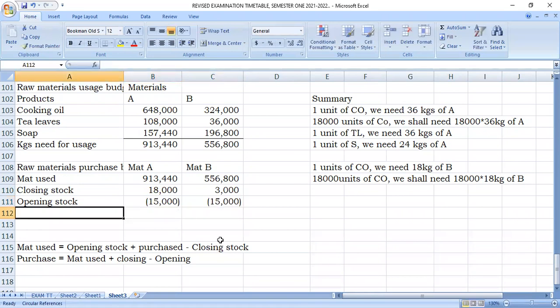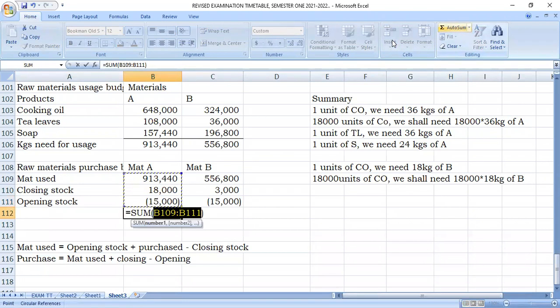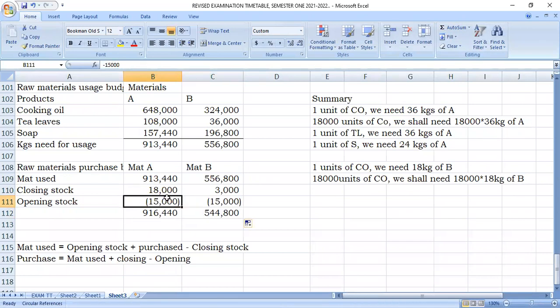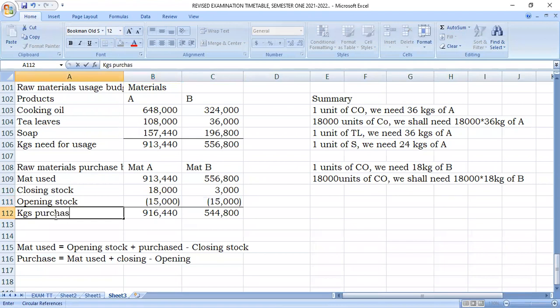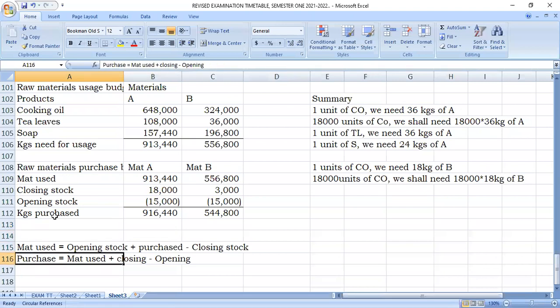So when I add these, when you add, you're saying this is our kgs. Just what you need to buy is this. So if they ask for the purchase cost budget, because this is a purchase budget, but it's in kgs, in units.